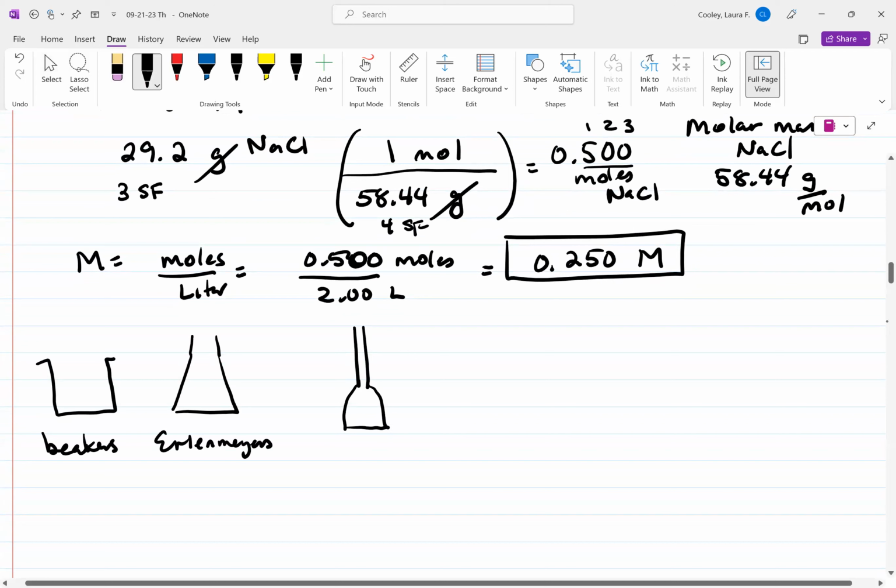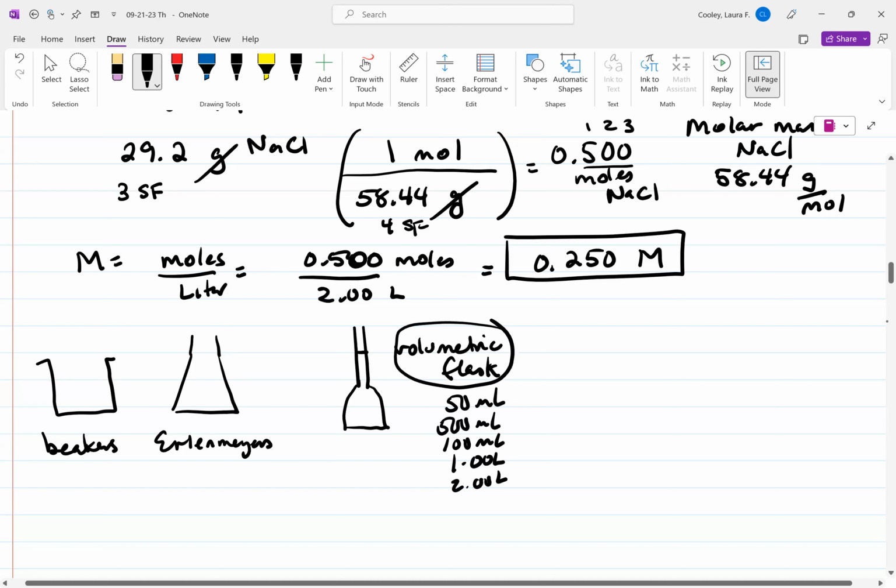It's called a volumetric flask. And it has a little line on it, okay? These come in all shapes and sizes. You could get 50 milliliters, 500 milliliters, 100 milliliters, 1 liter, 2 liters. These volumetric flasks are what you use to prepare solutions.